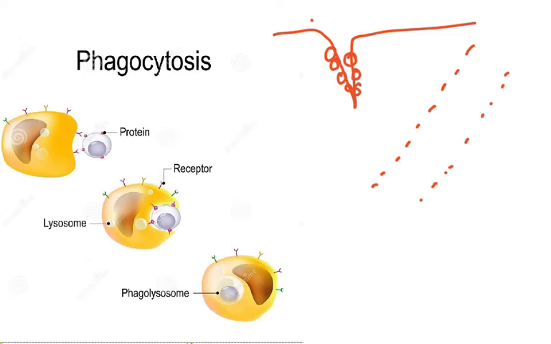So, what happens inside the capillary? You have the blood flowing, and when you have damaged cells of the body, they release a chemical called histamine, and that is detected by the phagocyte. The phagocyte moves out of the capillary, and this movement is called an amoeboid movement.